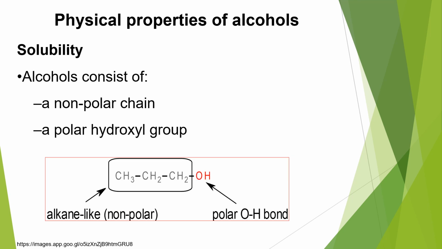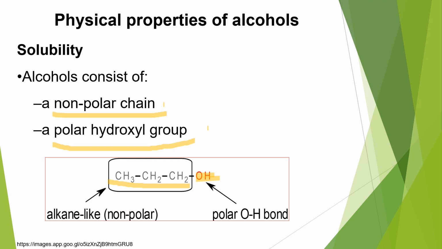See, alcohol consists of two main groups, which are they? One is a non-polar chain, the other is a polar hydroxyl group. The polar or hydrophilic group present in this alcoholic compound is the OH group. So OH is a polar group, whereas the remaining hydrocarbon chain is a non-polar chain, or it is hydrophobic in nature.